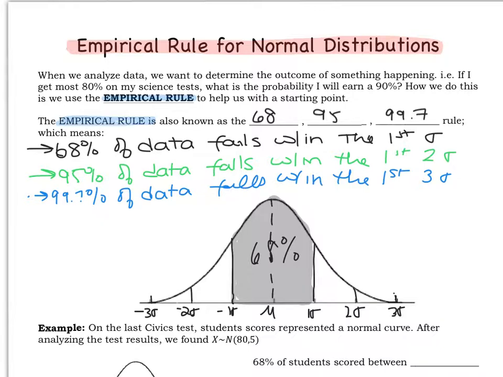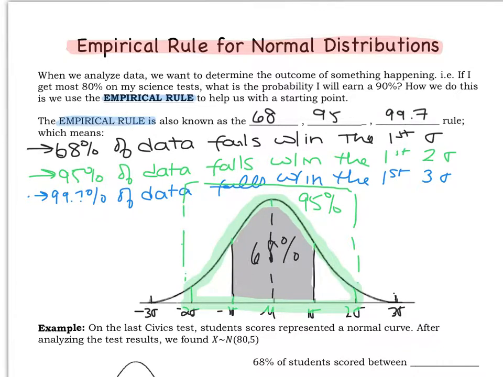Then it says 95% of your data falls within the first two standard deviations. So that's everywhere that I just highlighted. That's 95% of my data, where the most area of your bell curve is.